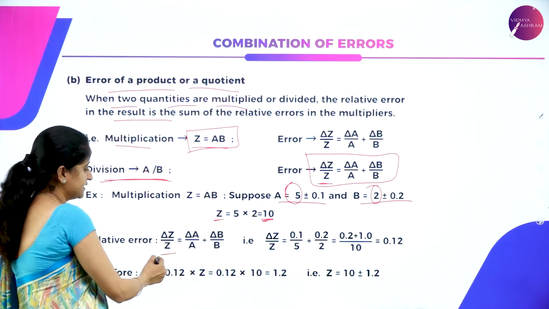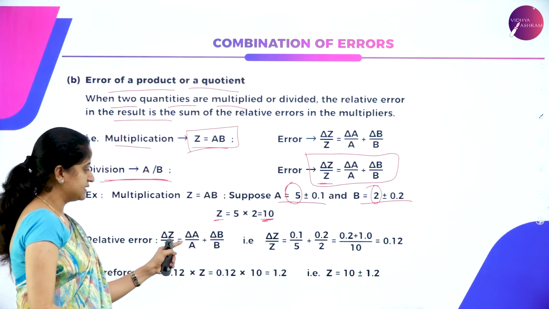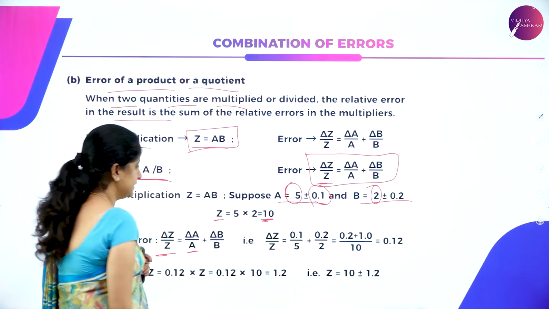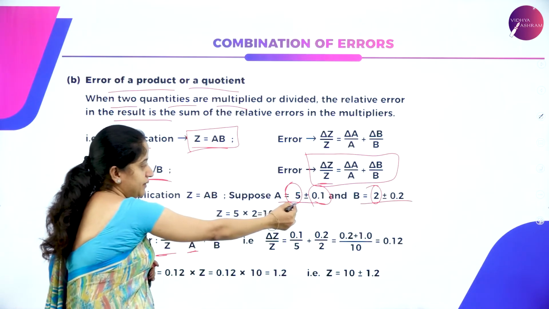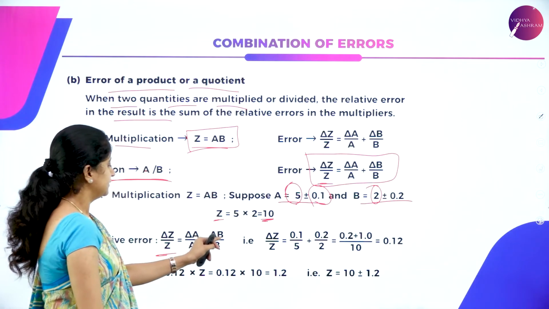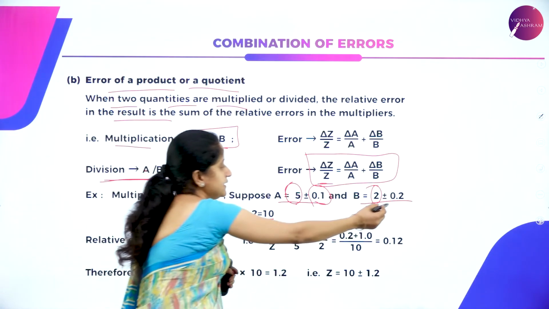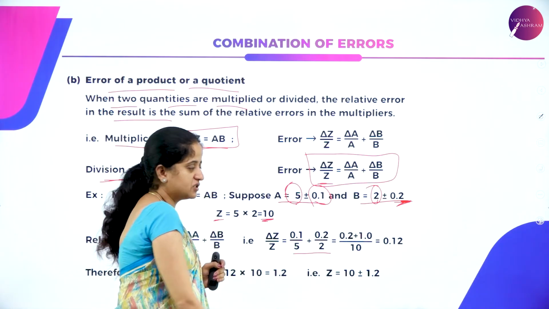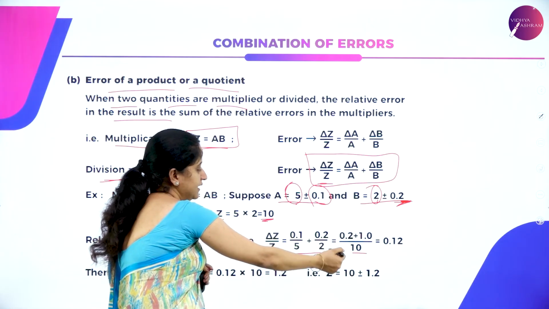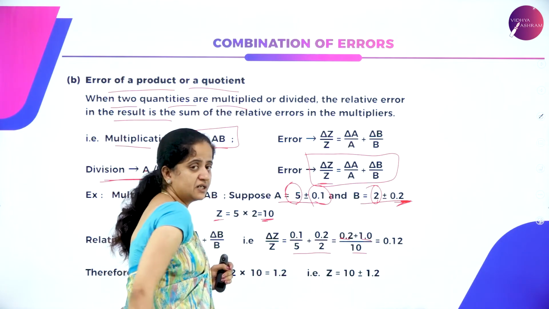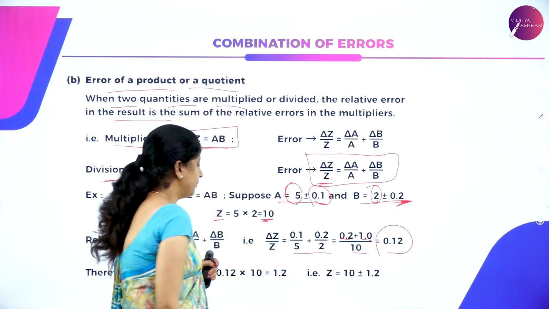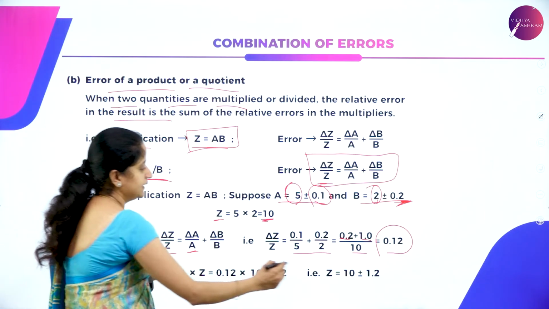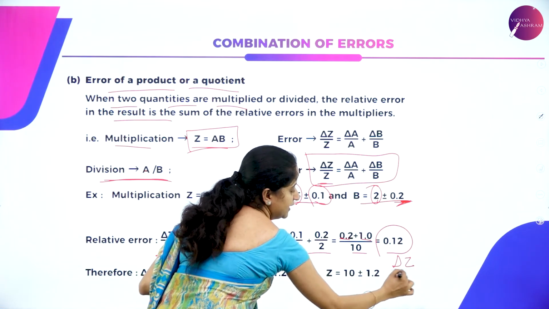The relative error delta Z by Z is equal to the relative error of the first quantity, 0.1 divided by 5, plus the relative error in the second quantity, 0.2 divided by 2. Now take the LCM for these two, we get 10, and in the numerator we get 0.2 plus 1.0, and the result is 0.12. So delta Z by Z, the relative error in the final result, is 0.12.